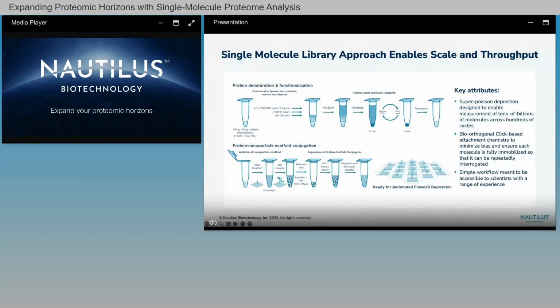We then functionalize the proteins, denaturing along the way, and then we also modify and block the lysines. We then do some cleanup steps, mix in the scaffolds, and then do another cleanup to remove free protein, and then flow it over the flow cell to generate this single molecule protein array.